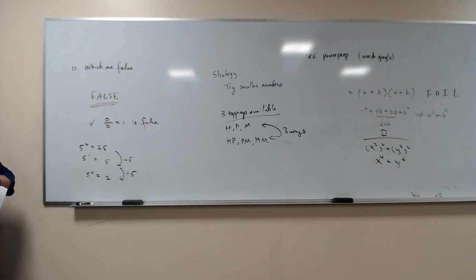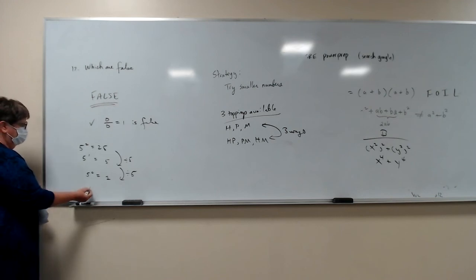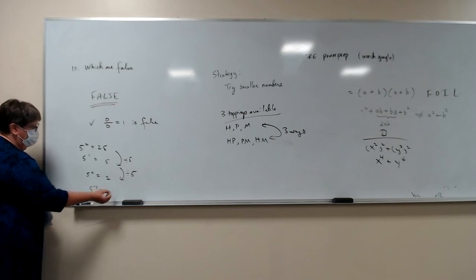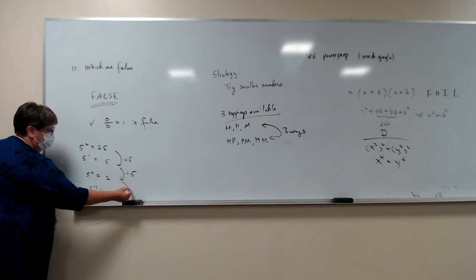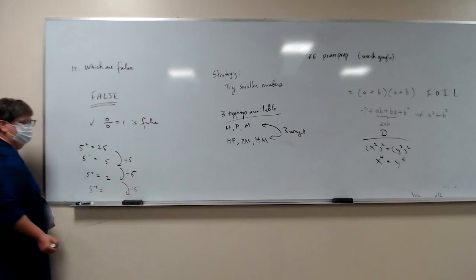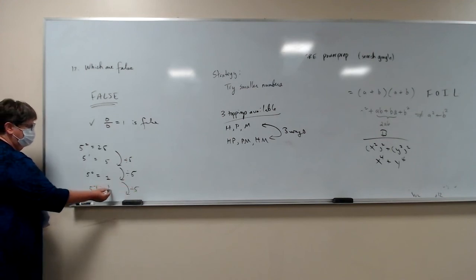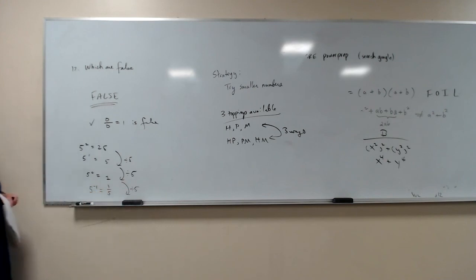It fits with the pattern, and math is all about the patterns. What would happen if you went to the -1 power? Can we just divide 1 by 5 and get the right answer? 1 over 5, yeah. A negative exponent is 1 over, right?